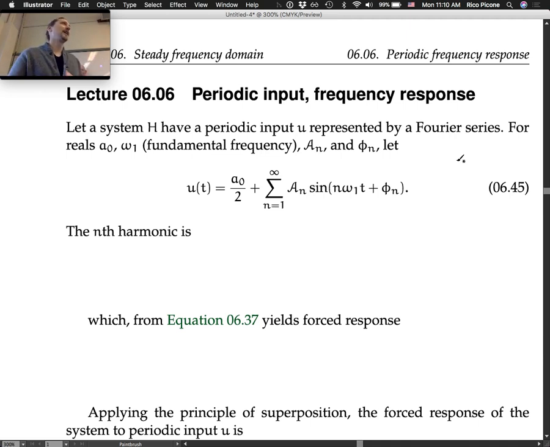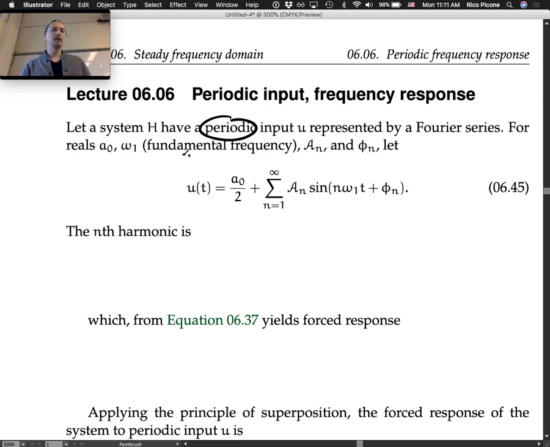It's just sine. Sine input, what is the output? We found out you just change the amplitude, you just change the phase, and that's how you get the output. So with the lecture today, we're going to expand the class of inputs to any periodic input.